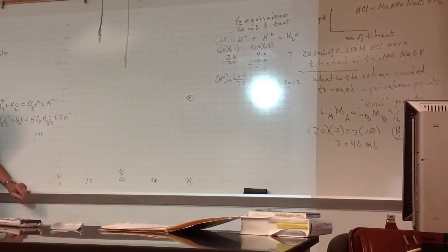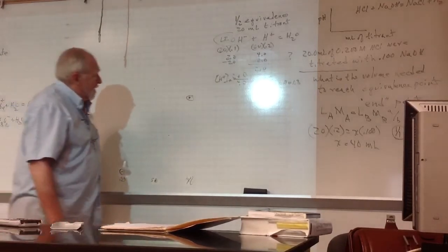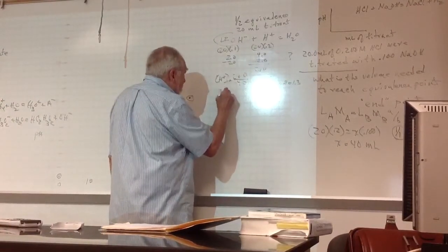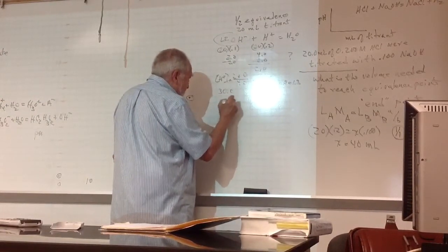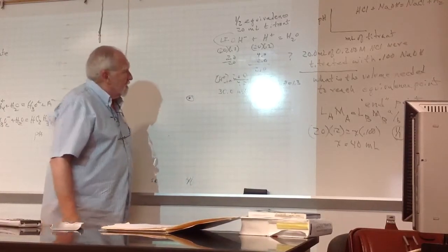Okay. What should I do next? I'll do a couple extra calculations. I'm going to do 30 milliliters because I picked different volumes. And I usually use pretty significant figures. So I'm adding 30 milliliters of the titrant.